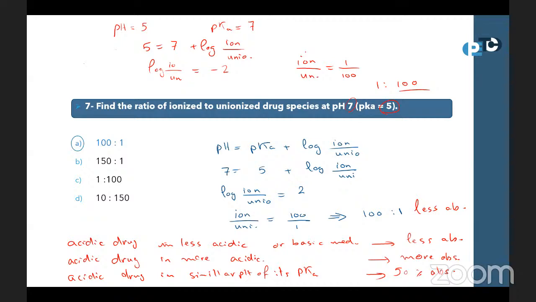But when we put an acidic drug in a more acidic medium, we get more absorption, like in the second case. And if the pH and pKa equal each other, the same medium, here we have 50% absorption. Do you need to ask about anything regarding this question?